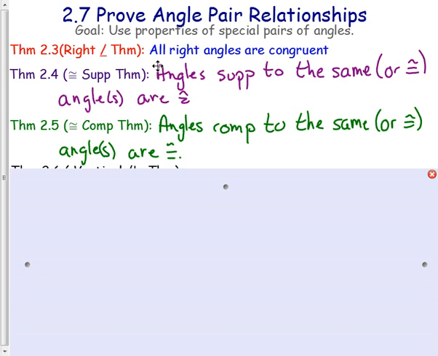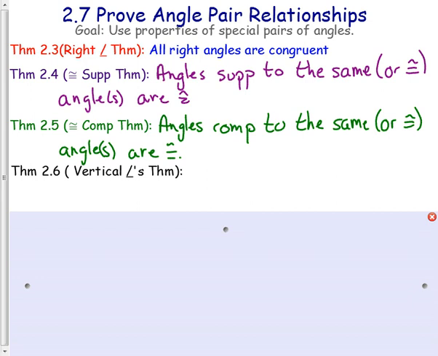And our last theorem is the vertical angle theorem. So in chapter 1 we talked about vertical angles and defined them. The vertical angle theorem says that vertical angles are congruent.